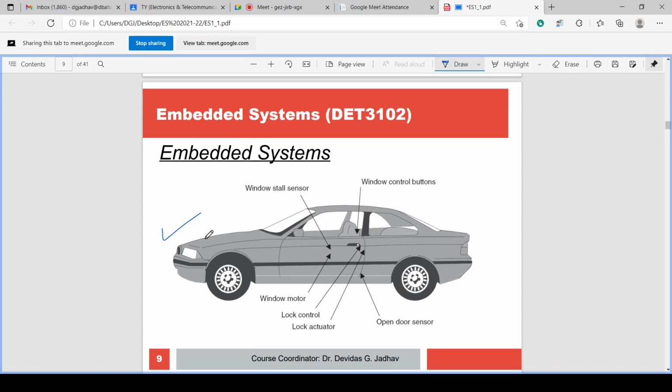Then there are central locks, then there are electronic braking systems in the car. One example is shown here, that is window example, but there is EBD, electronic braking device. Okay, so what that EBD does, it gives the PWM type of braking, electronic braking, which avoids accidents.